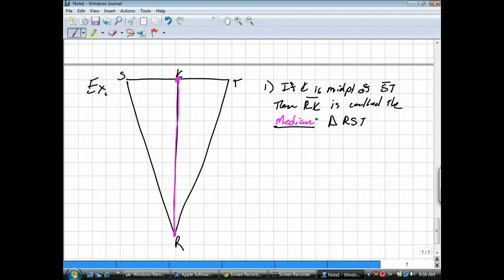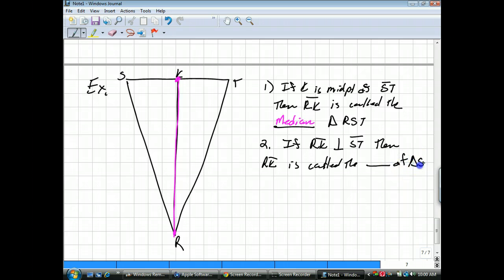Okay. Number two, if segment RK is perpendicular to segment ST, then RK is called the what of triangle RST?